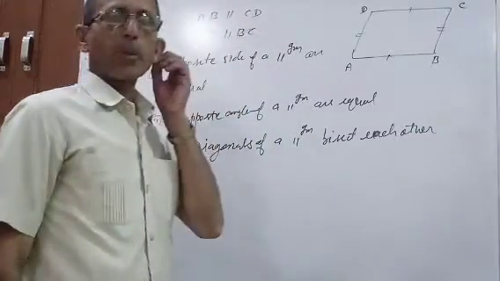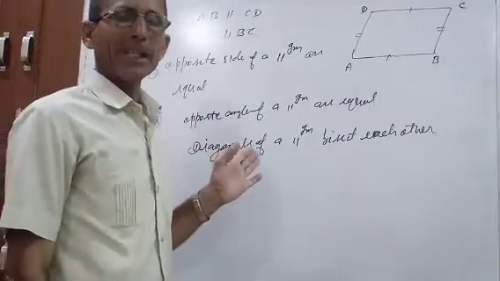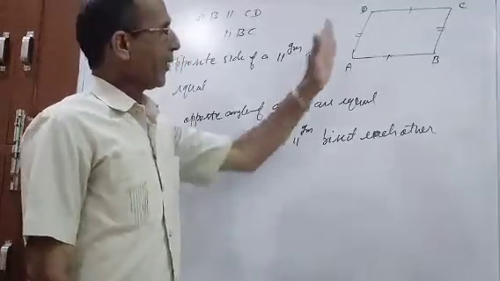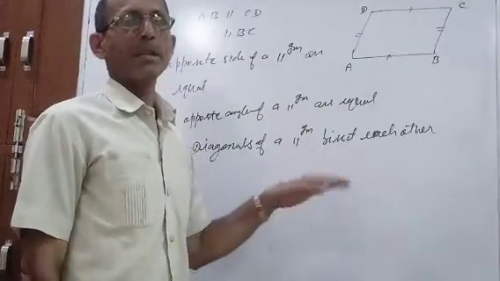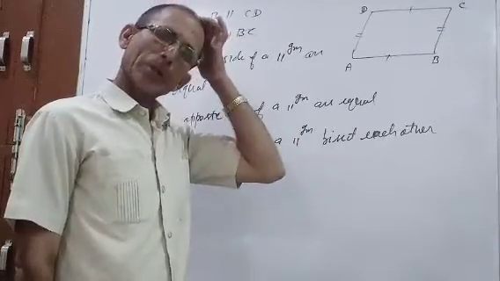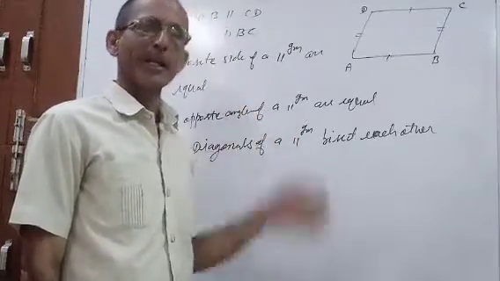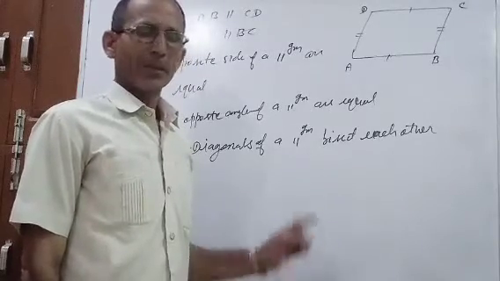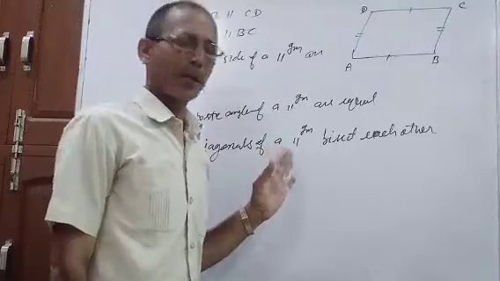So these are the properties we apply when solving problems related to parallelogram. Now we will prove them by theorem. Students were asking to prove the theorems related to parallelogram, so today I am solving these doubts.